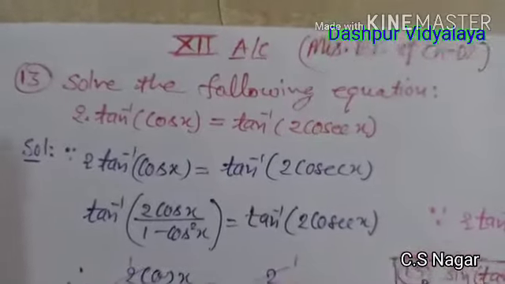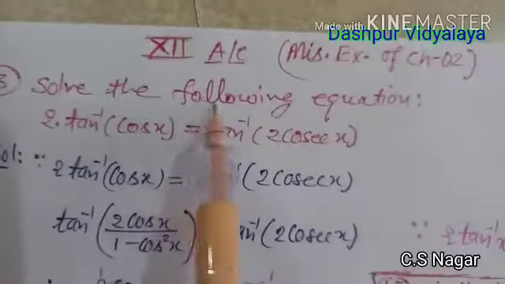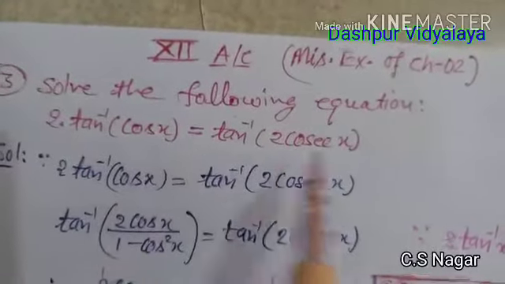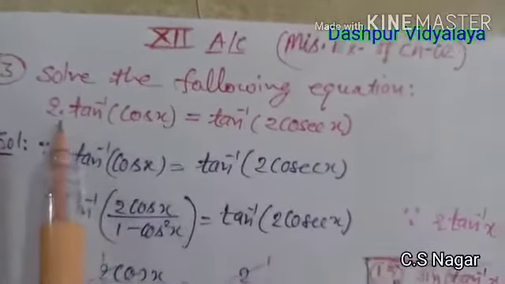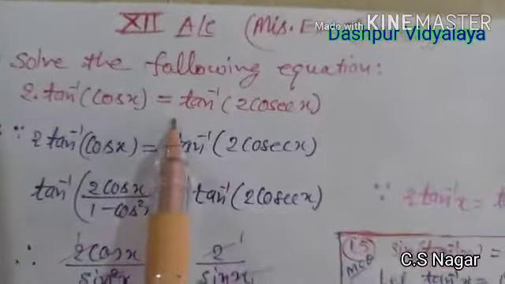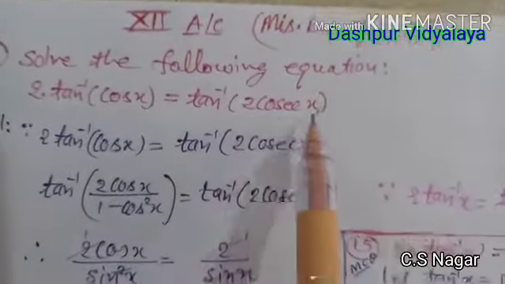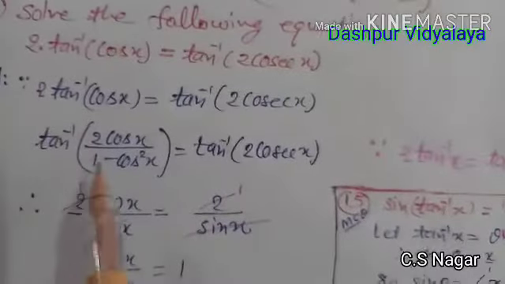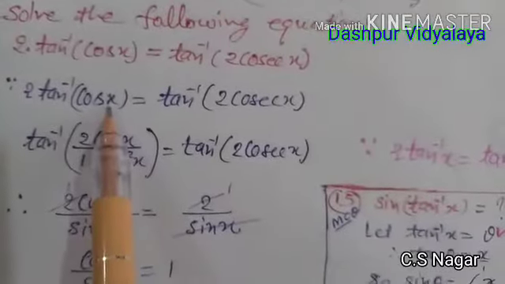Now next question number 13. Solve the following equation. This is an equation, so do not take LHS and RHS. 2 times tan inverse cos x is equal to tan inverse 2 cosec x. So take the left side, 2 times tan inverse cos x.